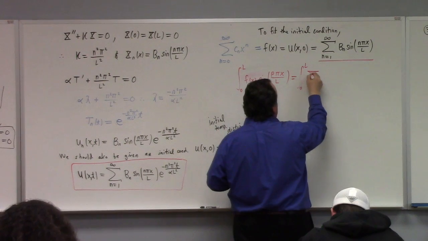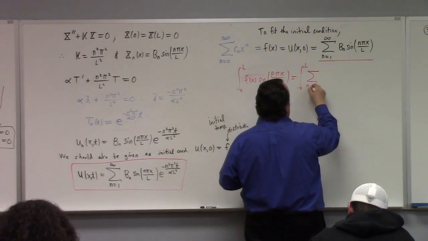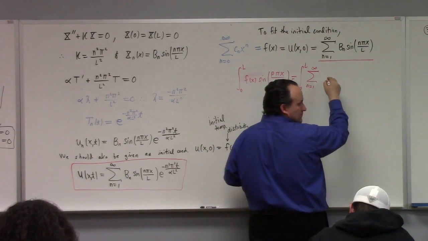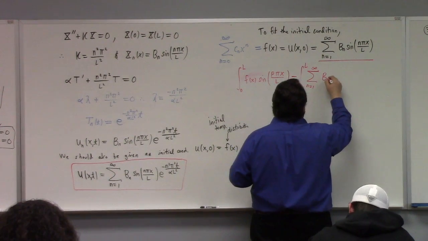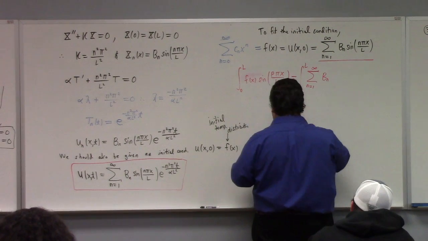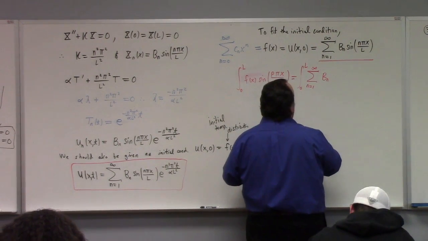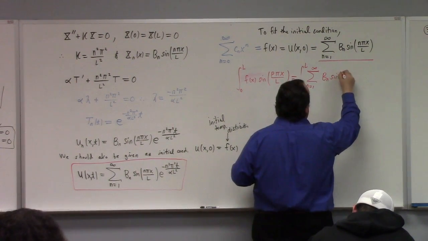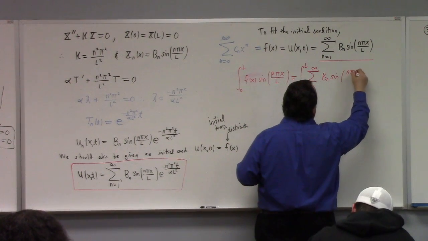I'm going to go ahead and pass the product inside the summation, b sub n. Oh man, I said I was going to do it, but I didn't. Fine, I'll do one more step here. I wrote it, so I might as well write it.